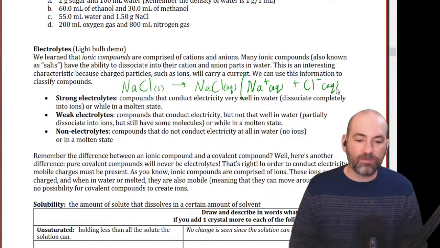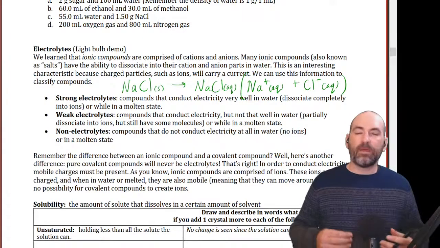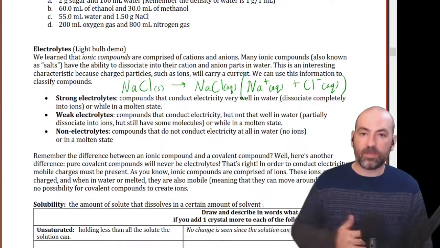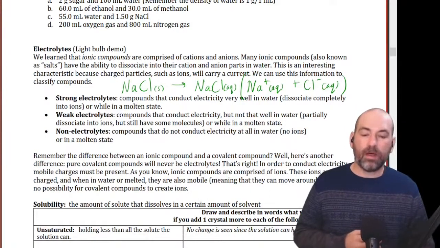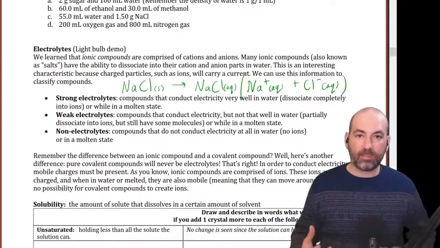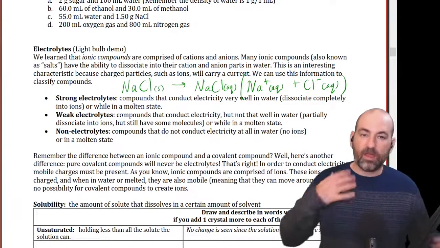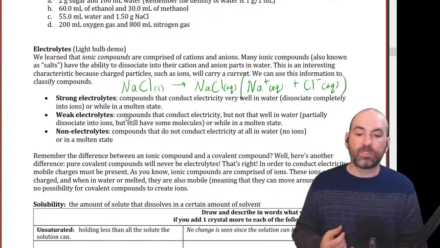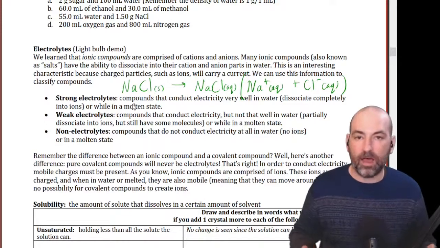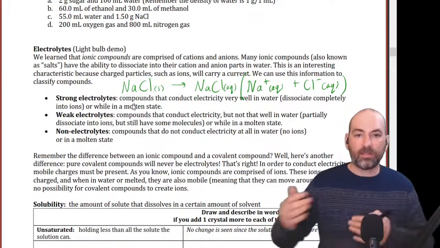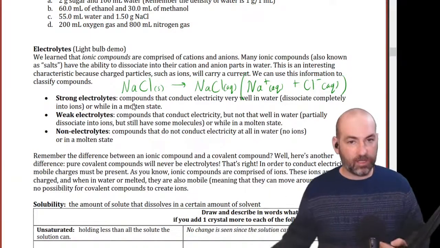So when you dissolve sodium chloride in water, and there's a picture of this in the previous notes in the handout from last week, H9, when we talk about ion-dipole interactions, the sodium and the chloride ions are completely separated from each other and surrounded by water molecules. And because the substance, sodium chloride, has totally broken up into ions, that solution is going to conduct electricity very well because the ions can move in solution to conduct the electricity.